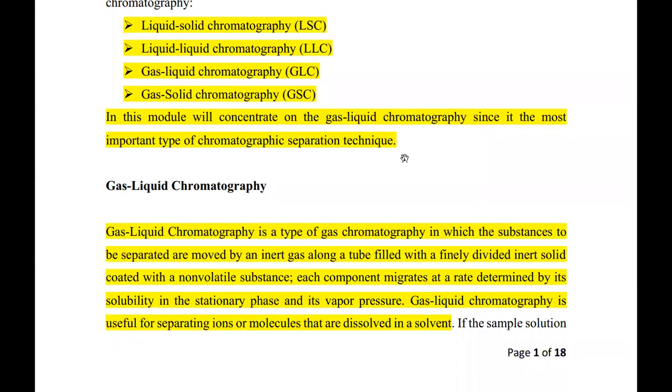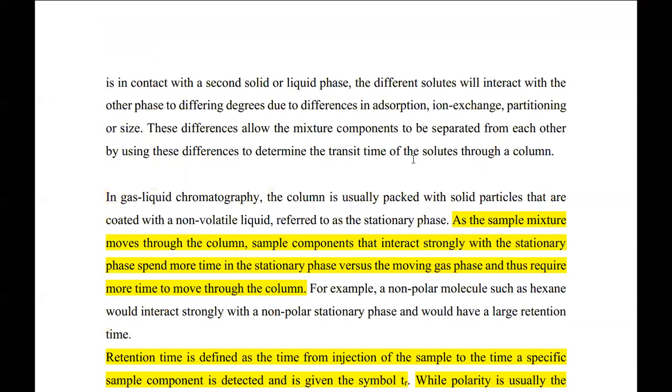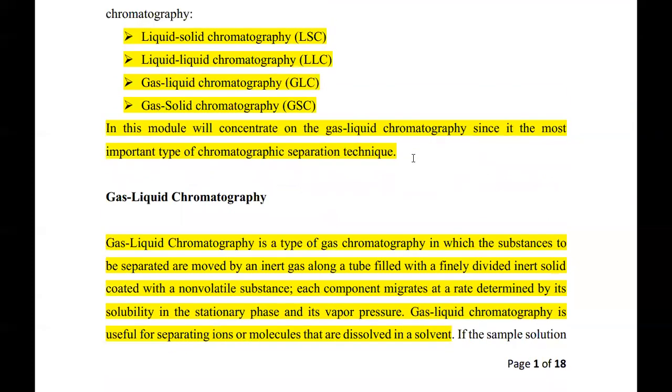Like I said, certain things I'll be referring to on the slide, and then at some point I'll be speaking on my own. So we're saying that gas liquid chromatography is a type of gas chromatography in which the substances to be separated are moved by an inert gas.